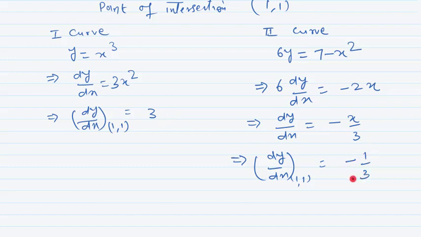I think you understood very well that there is no need to calculate the angle between these two now. Why? Because one of the slopes is the negative reciprocal of the other. It means they are orthogonal or perpendicular to each other.